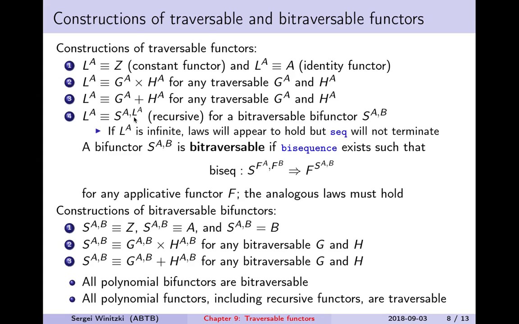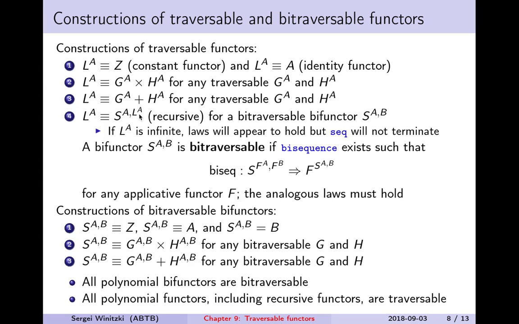So examples of this are lists and trees. Different functors S can encode very easily different kinds of lists and trees. Now, this also describes infinite lists and infinite data structures.